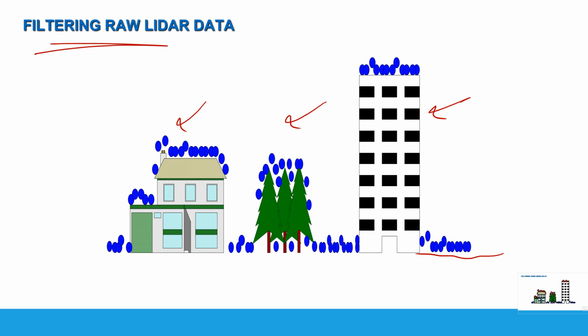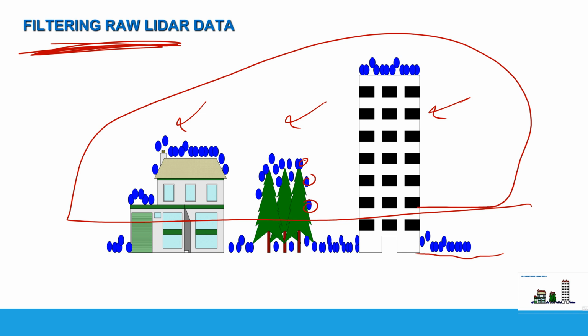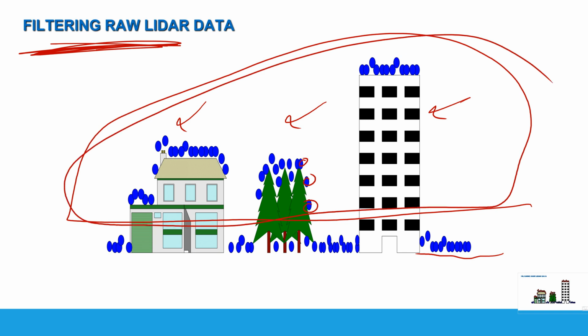So now filtering this kind of raw LIDAR data means that we have to classify each point, each laser pulse here, as ground or non-ground point. So these points here, all of these points here, that were reflected by the buildings and trees, etc., are non-ground points.